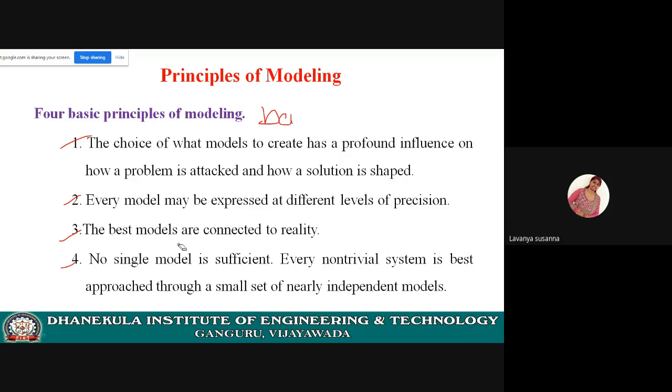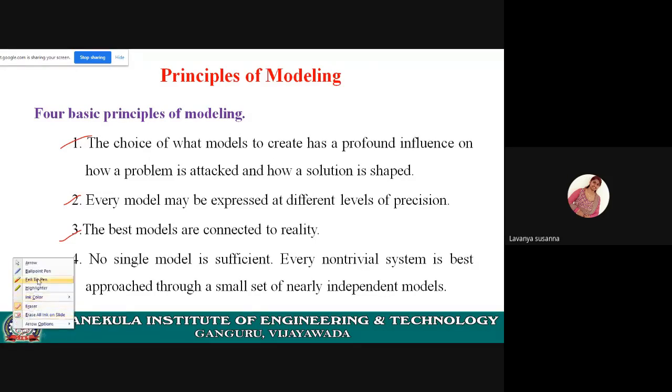If you choose the best model, you will focus on relevant issues. I hope you understood. First principle: choose the best model so that you focus on relevant elements only. If you choose wrong models, it will mislead you.